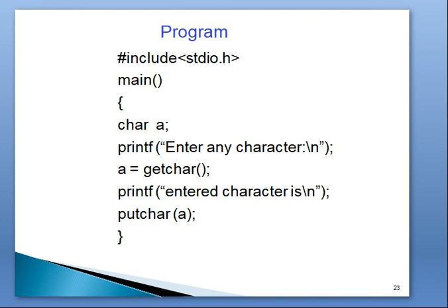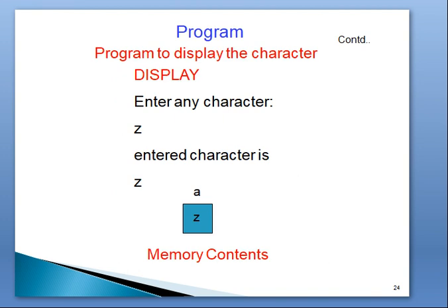This is the program. We will see with a simple example how the display will look on the screen when you execute the program to display the character. Whenever you run the program, it displays enter any character.